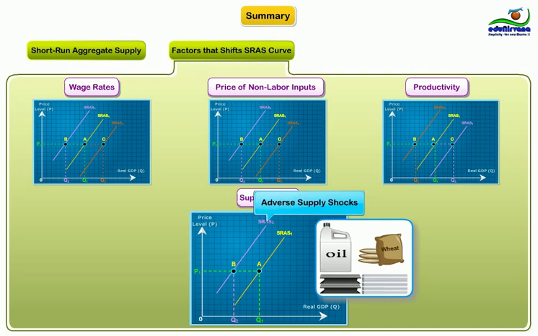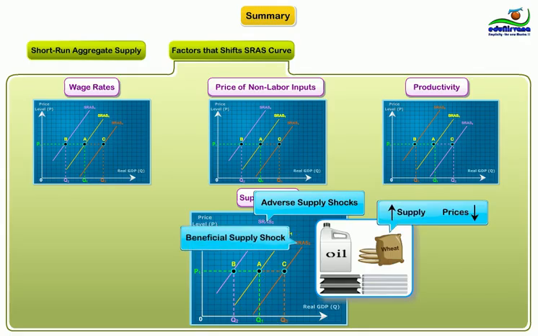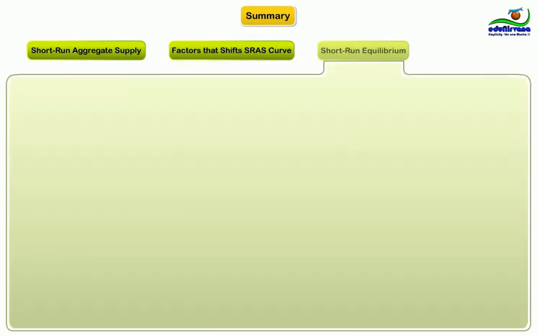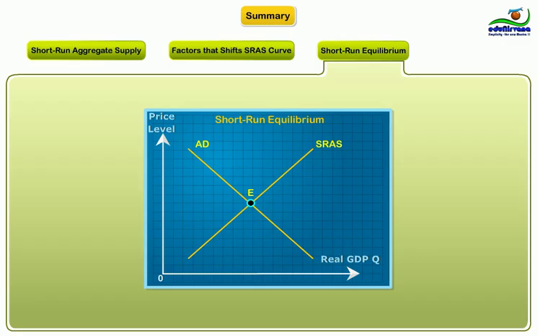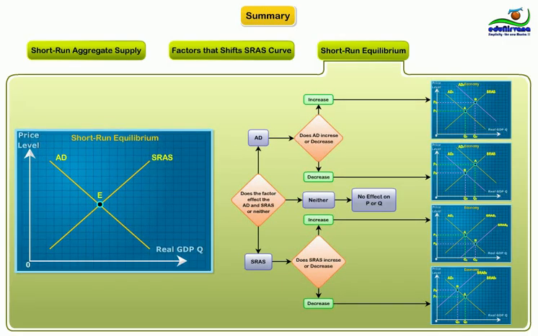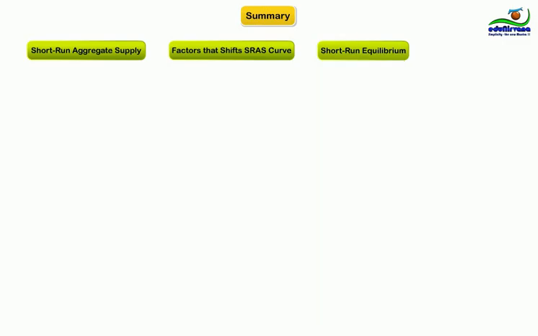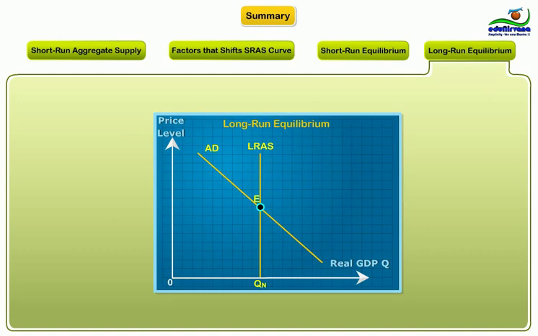Adverse supply shocks, for example bad weather or a major cut in the supply of oil, shift the SRAS curve leftward, and beneficial supply shocks, for example a major oil discovery, shift it rightward. Then the overall short-term equilibrium was looked at. This was then summarized.